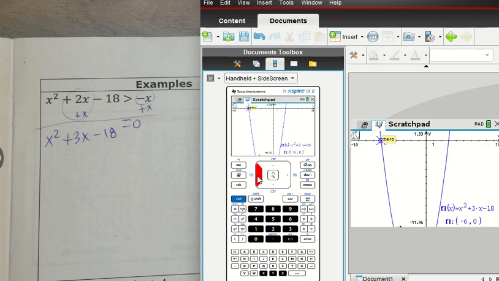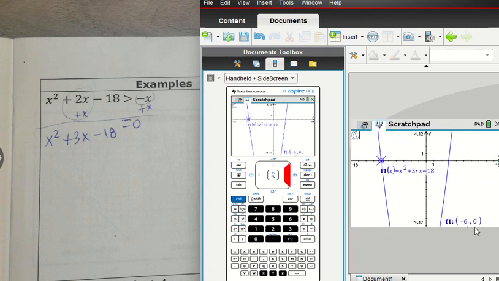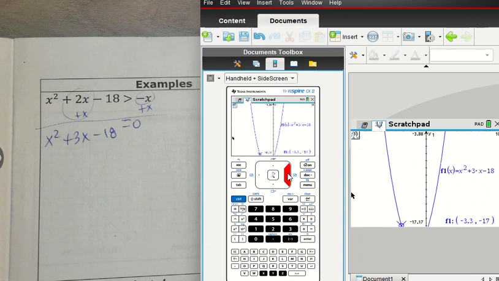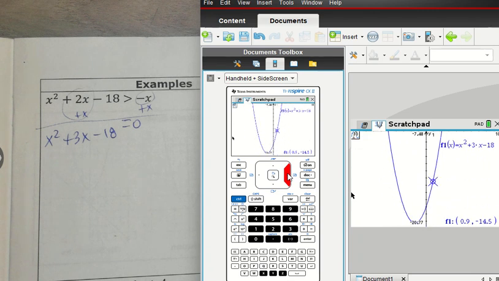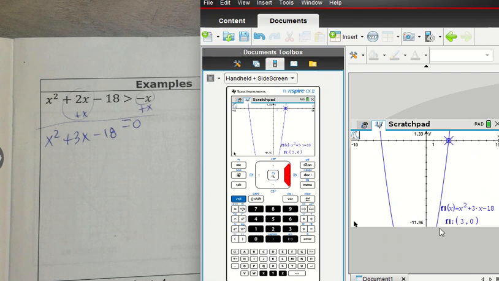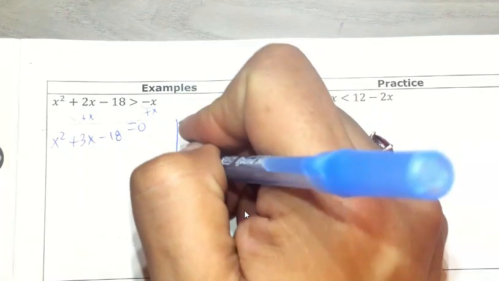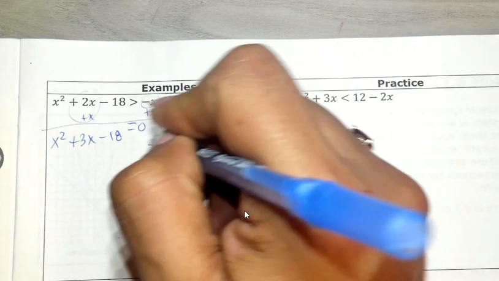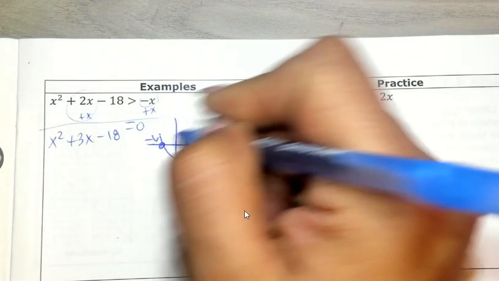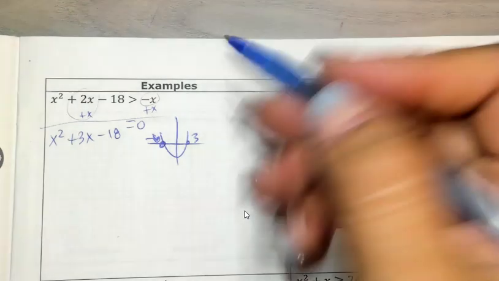And if we go to the left, there is an x-intercept at -6. And then the other x-intercept will be at +3. So we can see that as -6 and +3. Those are the solutions.